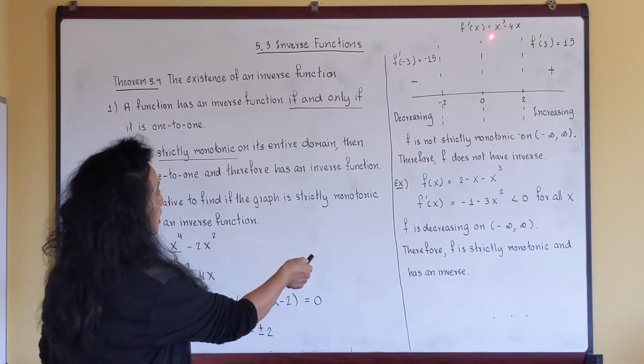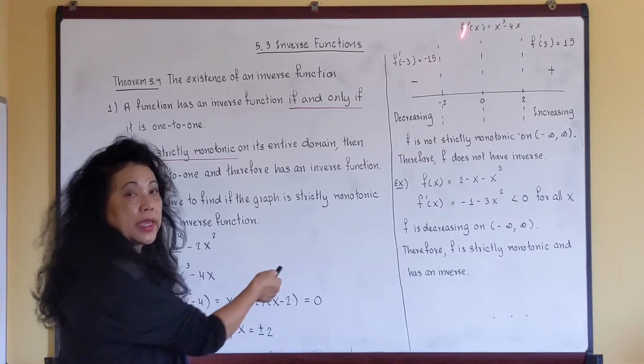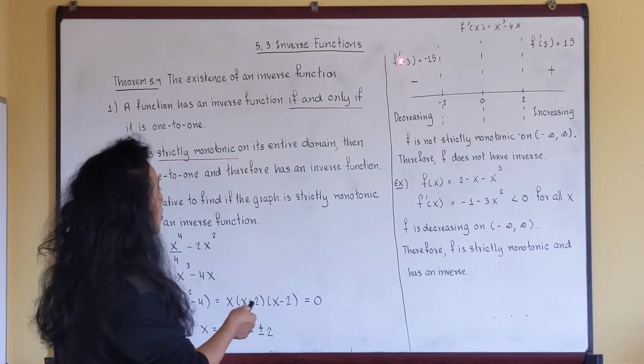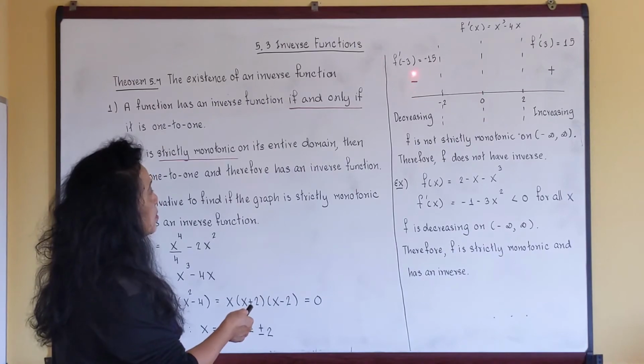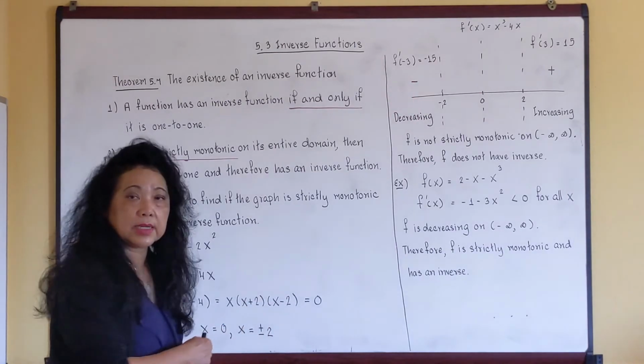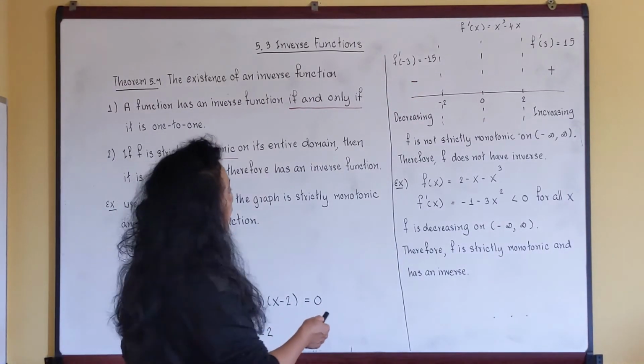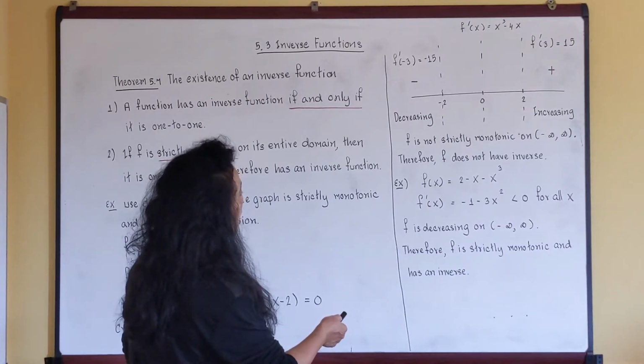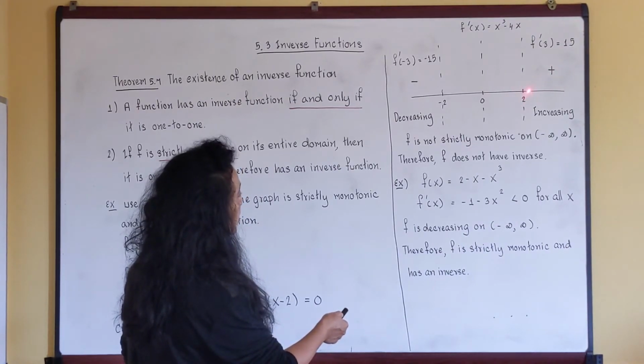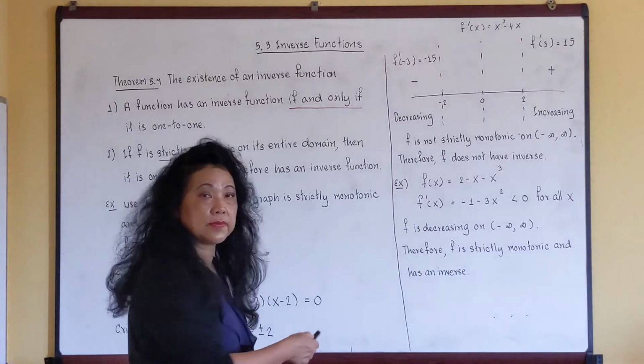So negative 3 to the third minus 4 times negative 3, I end up with negative 15, which is a negative number. This means this interval is decreasing. And I pick the last one, from 2 to positive infinity.